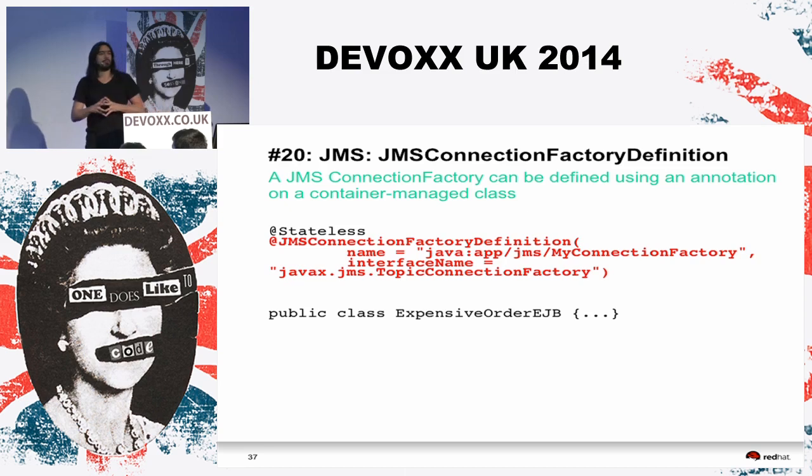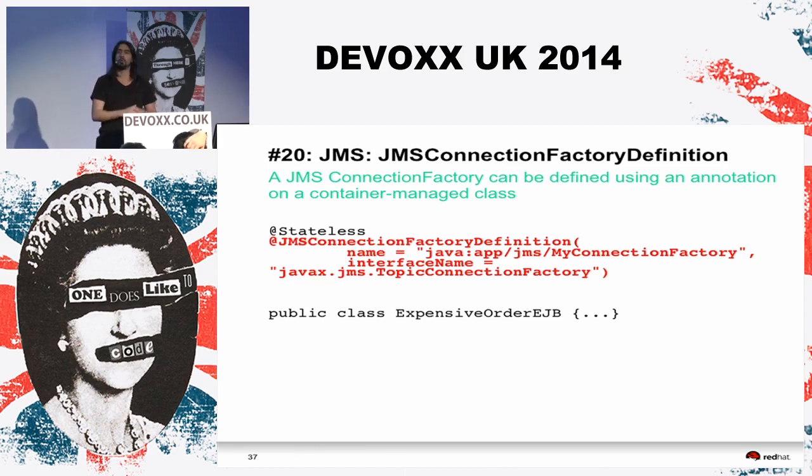For those of you who have followed Java EE 6 closely, there was this new idea that with an annotation, I deploy a bit of Java code and it creates a data source. So there was this annotation called @DataSourceDefinition. The same thing happens with a JMS factory. So we have this new annotation. You put it on a bean, and when you deploy this bean, it creates a connection factory.